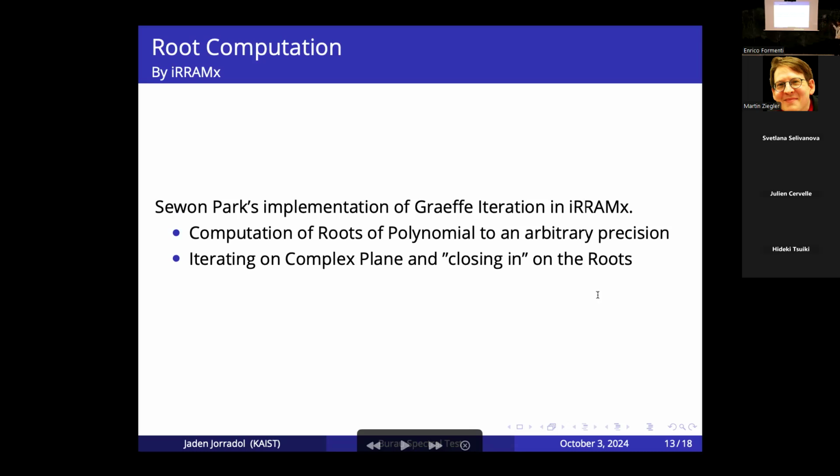So basically the characteristic polynomial is given, and then the graph iteration iterates on the complex plane, in which it closes in on the roots of the characteristic polynomial. For example, if the degree is 3, maybe the graph iteration can provide some zone of the eigenvalues, like this.